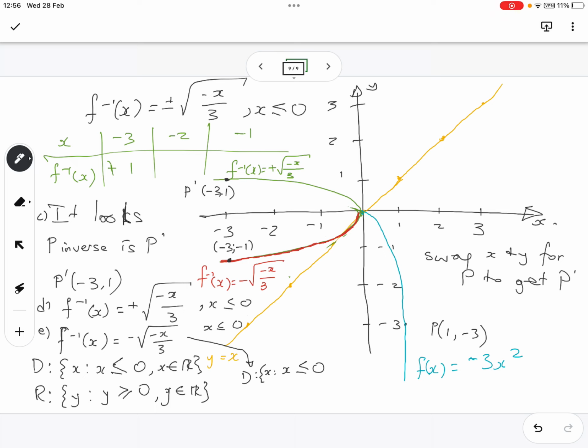And the range? Y is less than or equal to 0, and y is an element of real numbers. Alright. Then this one will be for that. The other one will be for that. Okay.